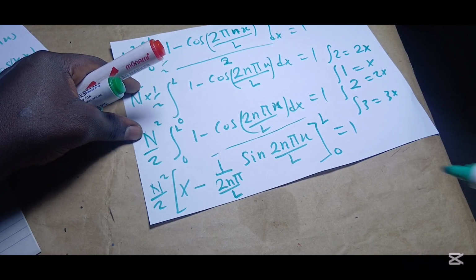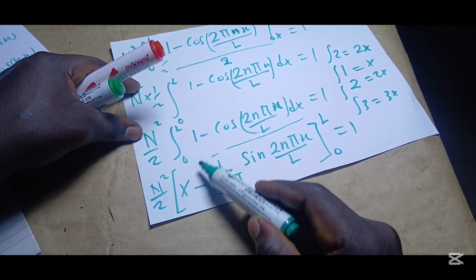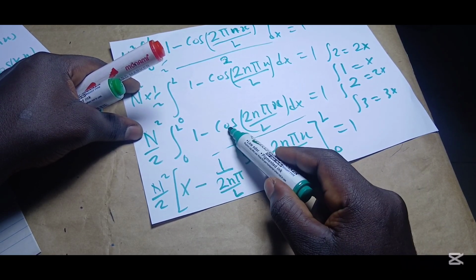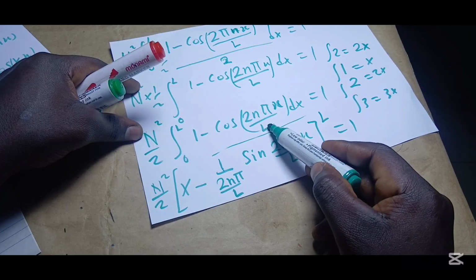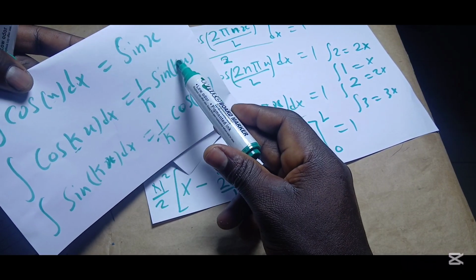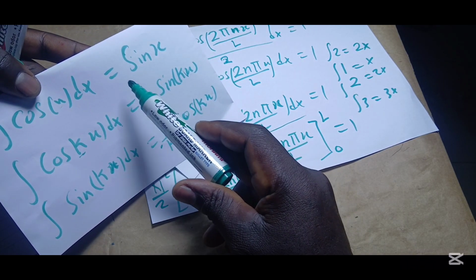So what we just did is that we integrated a constant 1 with respect to x, and we get x. Then integrating cos 2n pi x over L: if we have cos x, integrating it gives sine x. But for cos kx, integrating it gives us 1 over k.